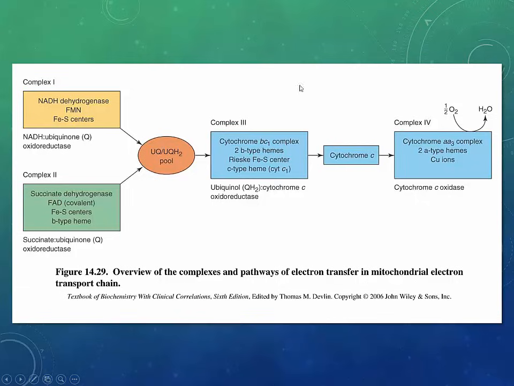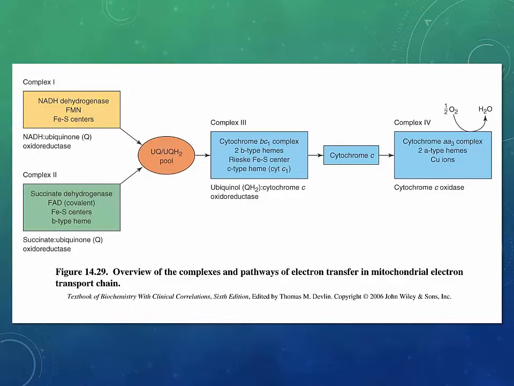So we have complex 1, NADH, complex 2, FADH2, then we have ubiquinone, not really a complex, then complex 3. Complex 3 is going to put those electrons onto cytochrome C. Cytochrome C is located in the intermembrane space between the two membranes. The rest of these are integral membrane proteins.